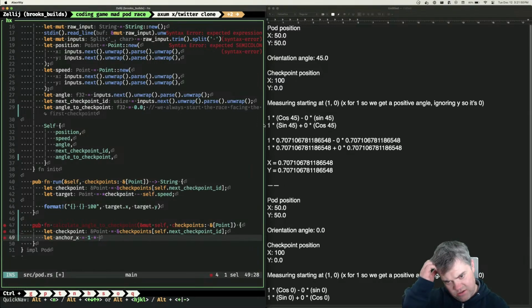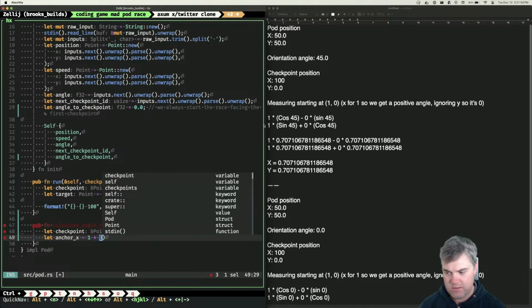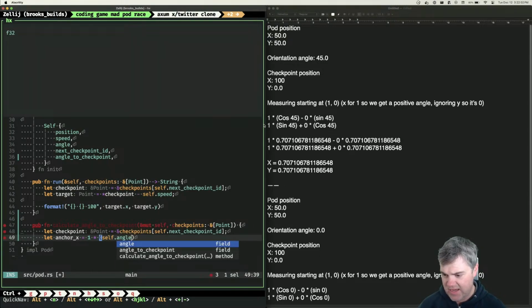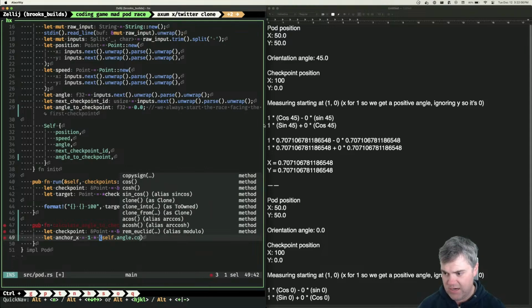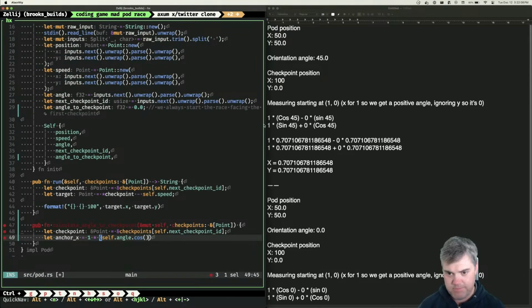Okay, so that's going to be the cosine of the number. So we have angle, and I want the cosine of that. Minus 0.